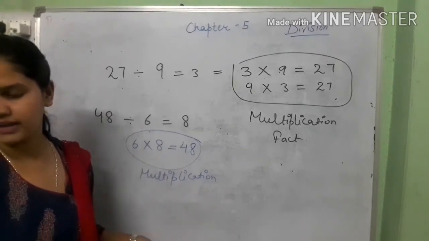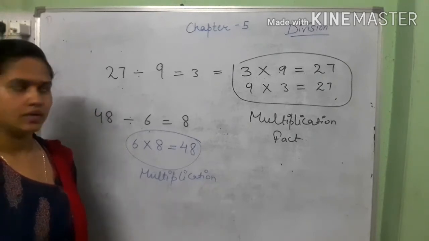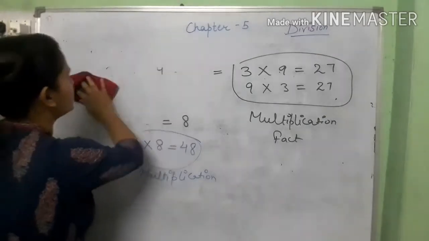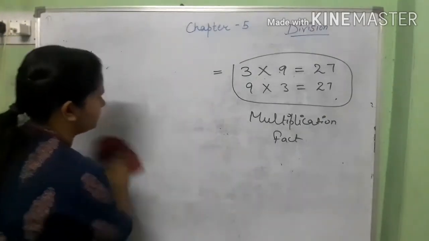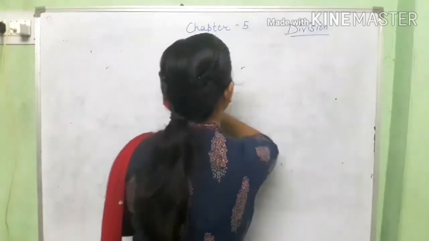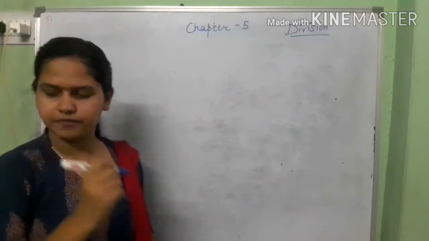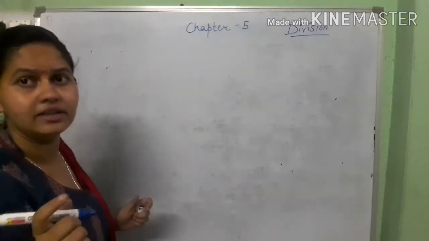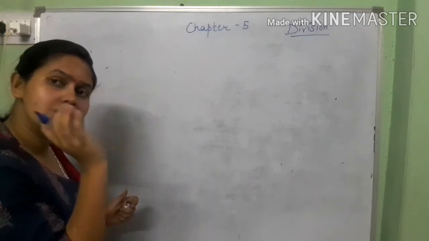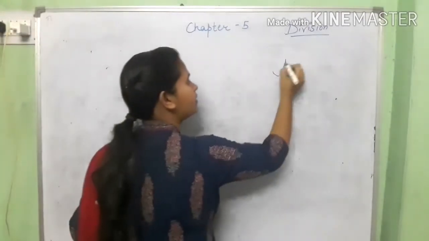Now we will find our dividend, divisor and quotient, right? In our book, okay, I'm going faster. Let's do this. Firstly I will find the dividend. Dividend means the number which we have to divide. I will show you from the example.